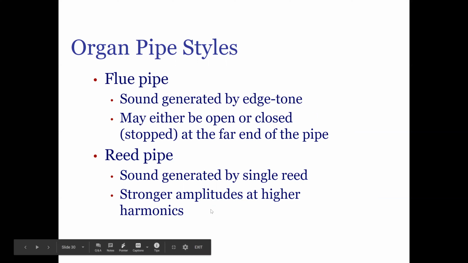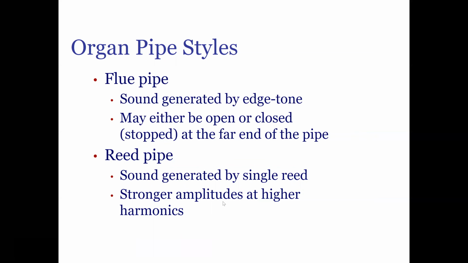The next couple of slides show some Fourier analysis of the same note being played by a flue pipe and a reed pipe. I have also included a couple of videos of Toccata and Fugue being played on a flue organ and a reed organ, so you can hear the difference in the timbre of the two.